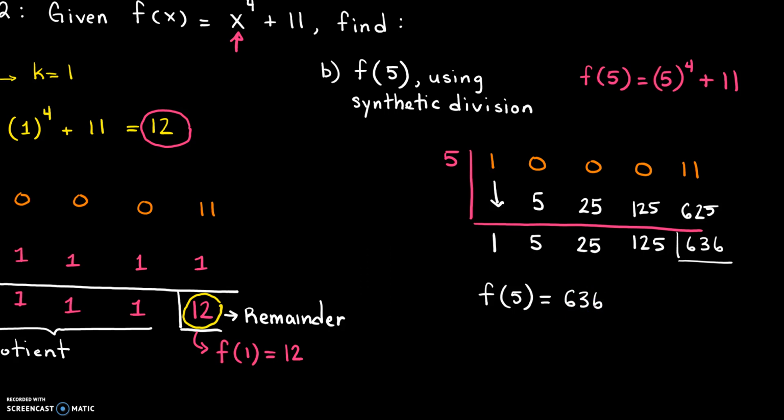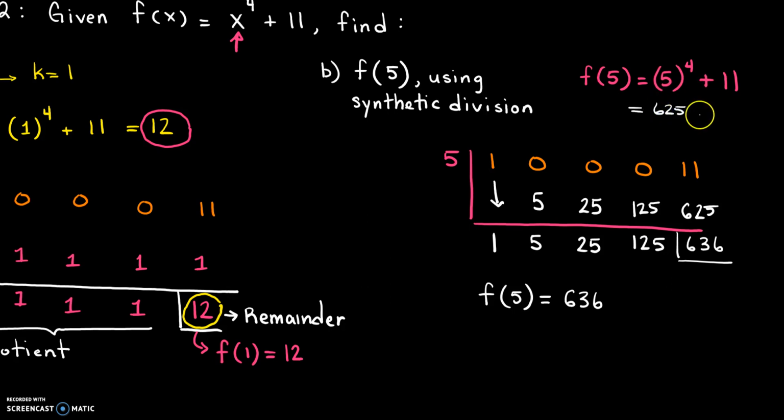Now, if you were to go about doing it the old way, the way we would do it if we were just evaluating a function, 5 to the 4th power is 5 times 5, that is 25, times another 5, we get 125, times another 5, we get 625.